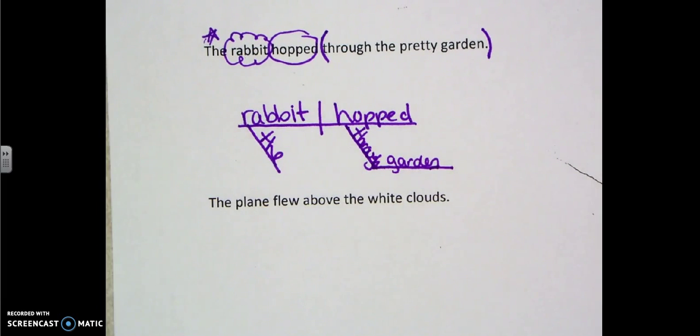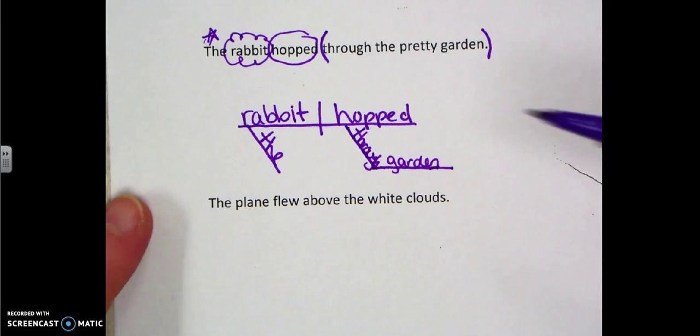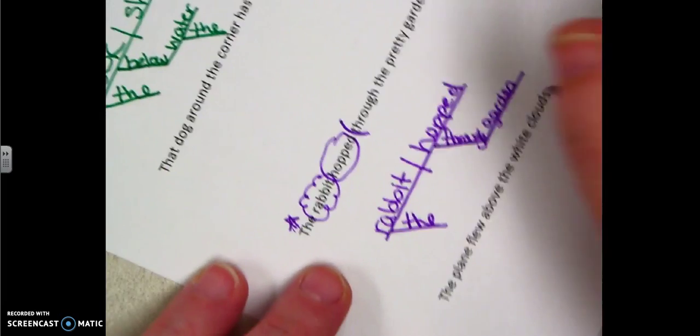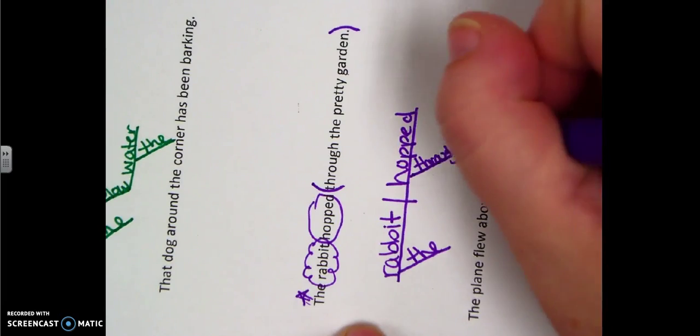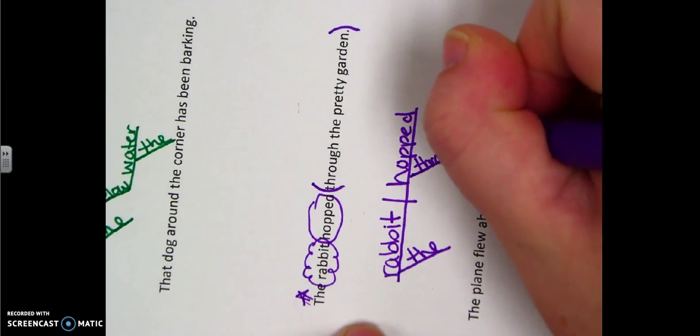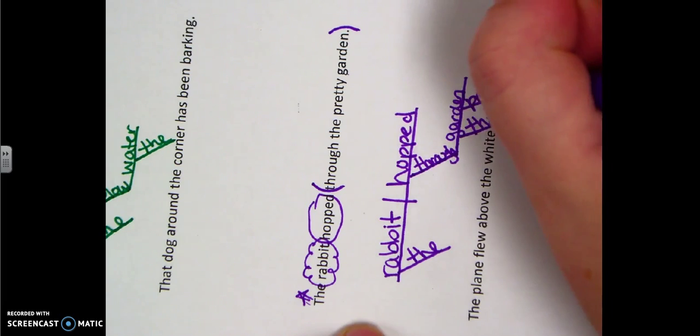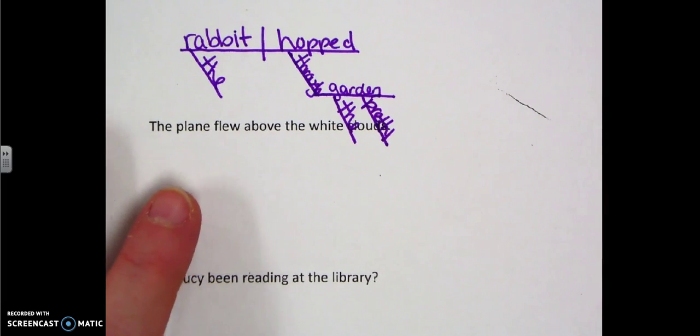So we know the is an article, so it's going to be an adjective. And pretty is describing garden. All right, what kind of garden was it? It was a pretty garden. So we need to put both of those adjectives underneath the word garden. And I didn't give myself enough room here. All right. So we have both of those adjectives under the word garden.